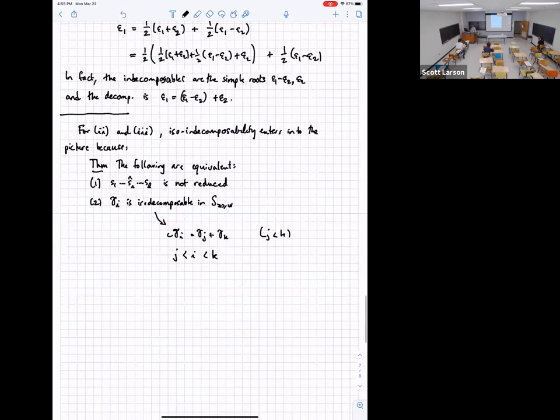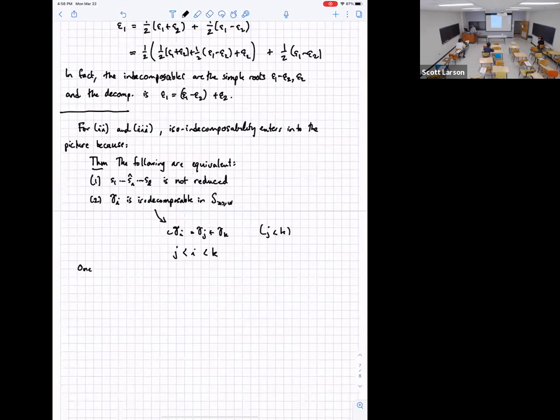But in this case, one can choose J and K so that Z of J is bigger than or equal to Z of I, and Z of K is bigger than or equal to Z of I. So this is actually an increasing decomposition in our sense of these increasing decompositions.